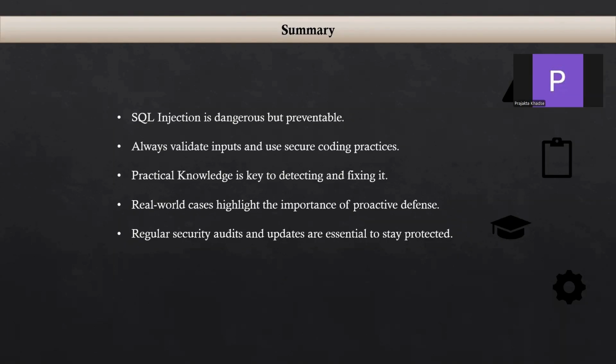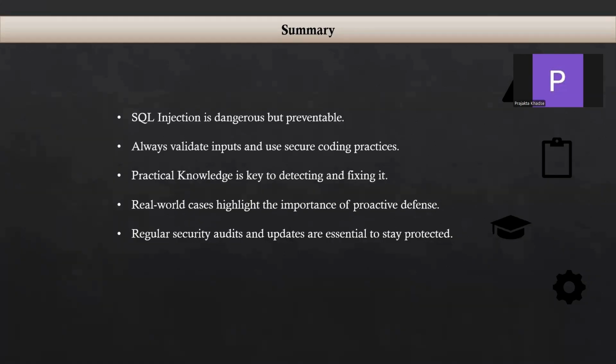Here, SQL injection is a vulnerability where an attacker injects malicious SQL into the queries. It can lead to login bypass, data theft, or even complete database deletion. A real world example shows that this is one of the oldest yet still dangerous vulnerabilities.